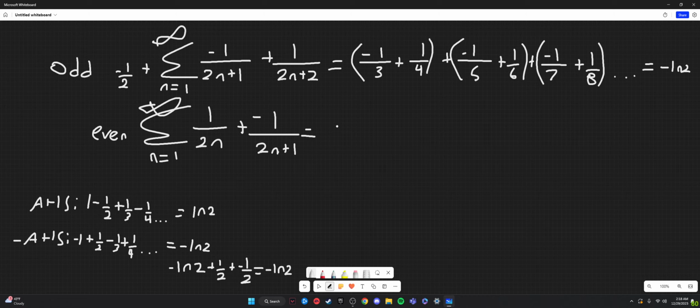So we're going to have 1/2 plus -1/3, this is for n equals 1, plus 1/4 plus -1/5.